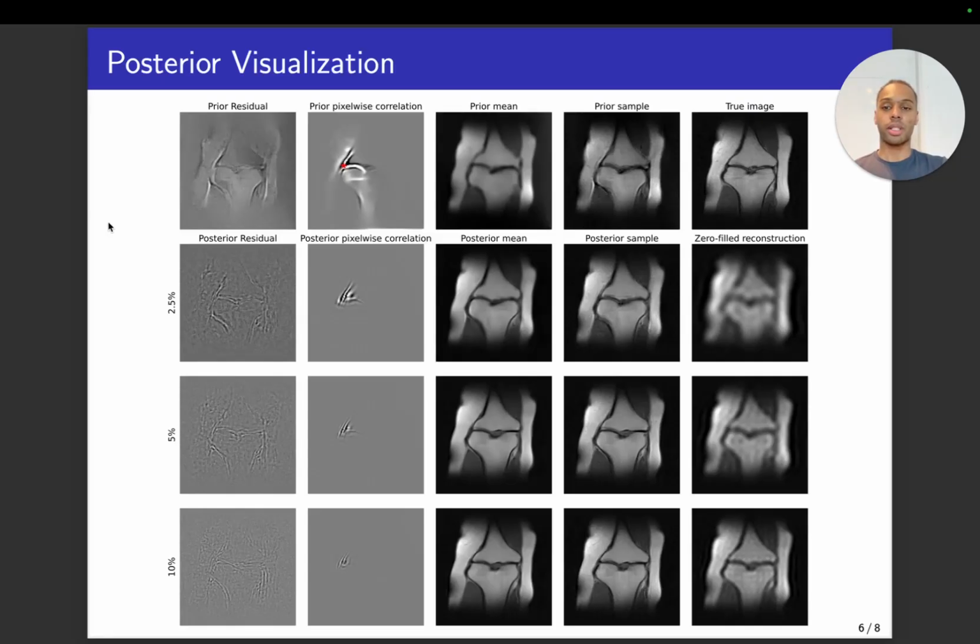Because our posterior approximation is a Gaussian distribution, we can read off our approximated posterior statistics, for example, the mean, the covariance, the pixelwise standard deviations, and therefore credible intervals. And we can also produce the sorts of visualizations that we showed for the VAE.